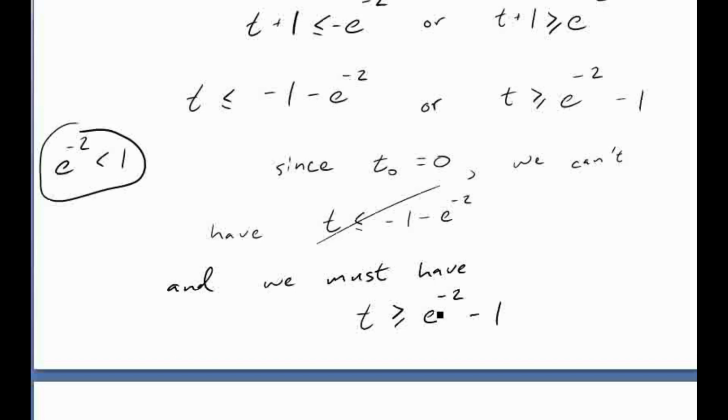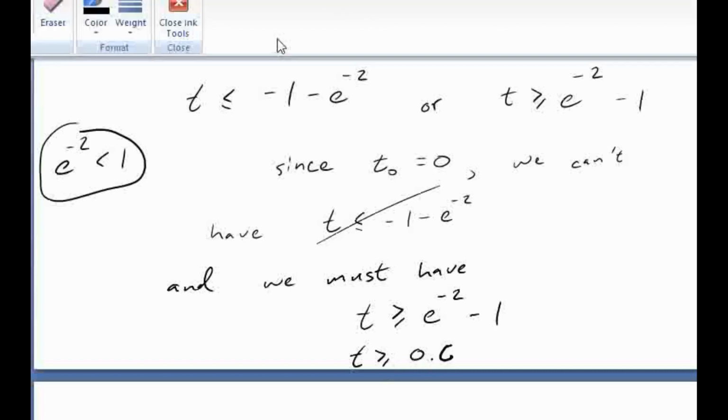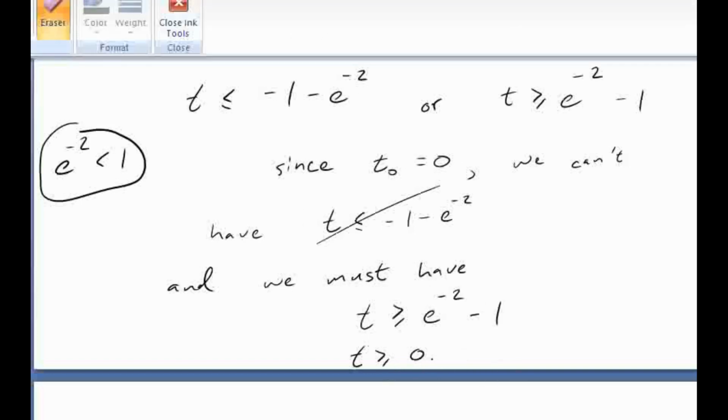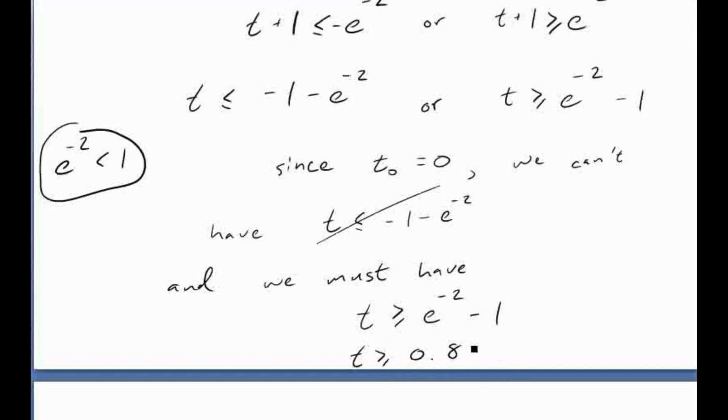Which, as a note, means that we are talking about a specific number here. I'll plug it into a calculator and see what we get. So t is greater than about 0.865, approximately.